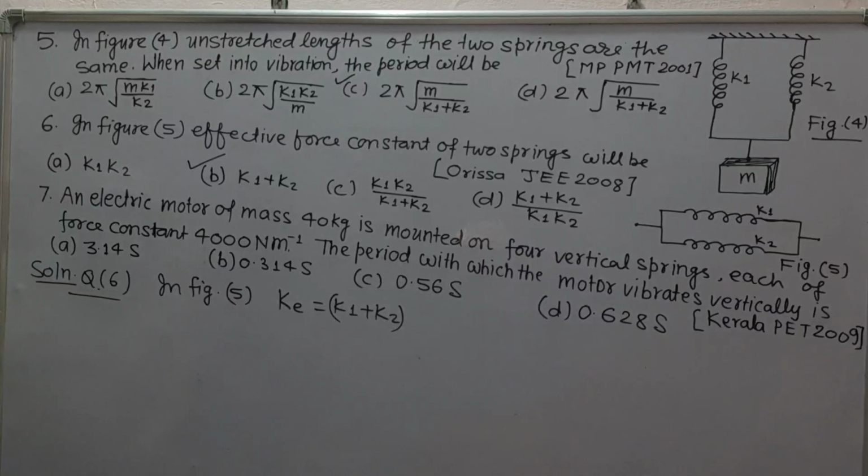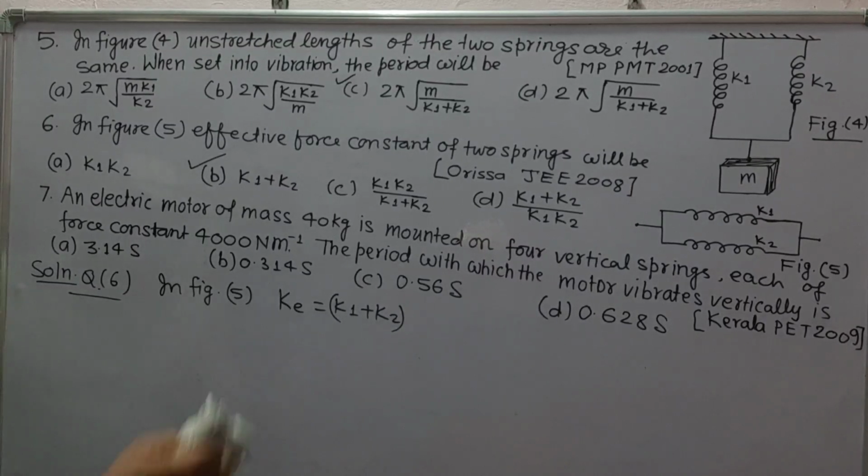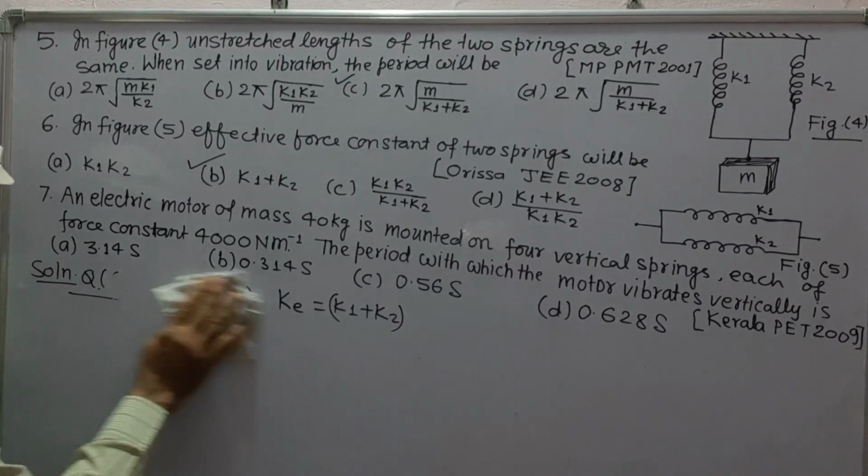Next question number 7. The question is, an electric motor of mass 40 kg is mounted on 4 vertical springs, each of force constant 4000 Newton per meter. The period with which the motor vibrates vertically is. Now, solution to question 7.